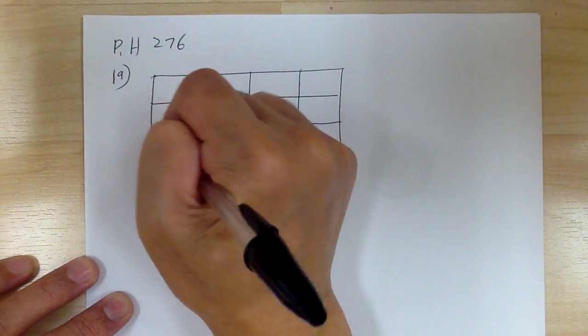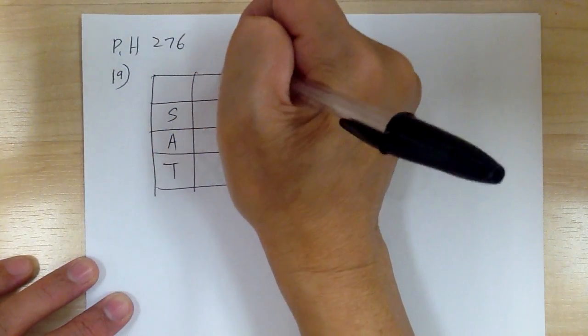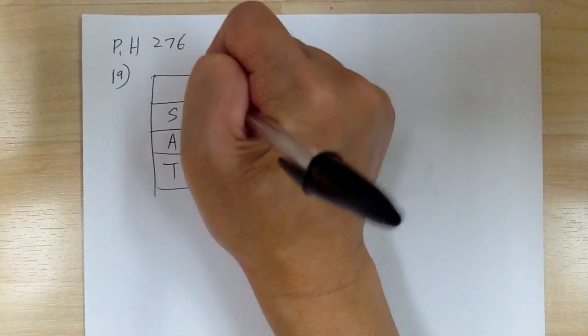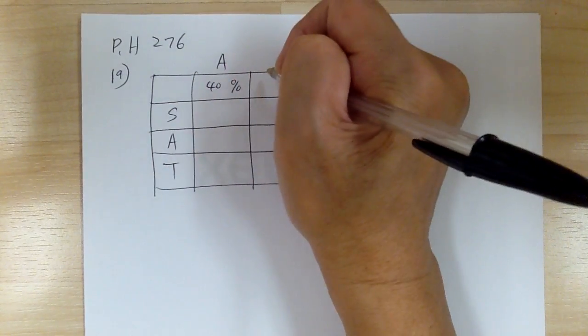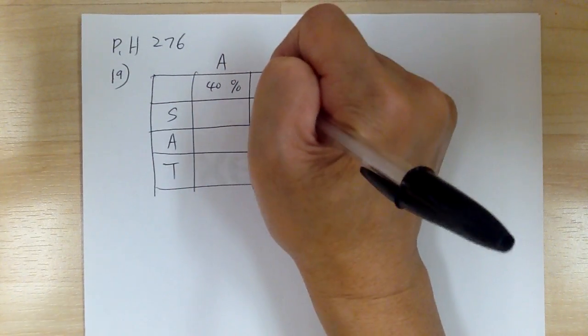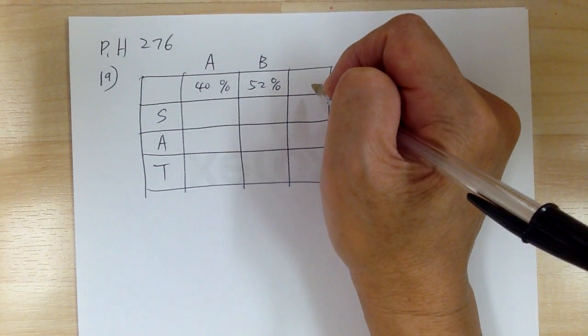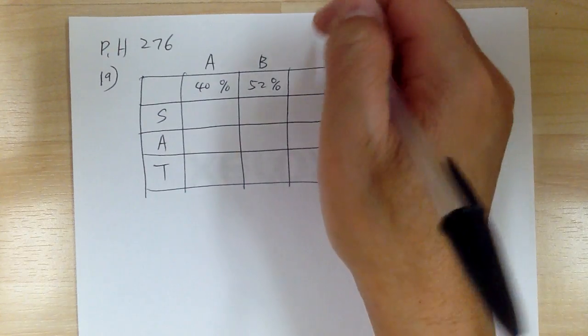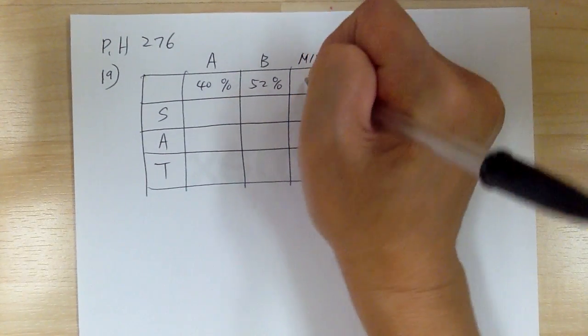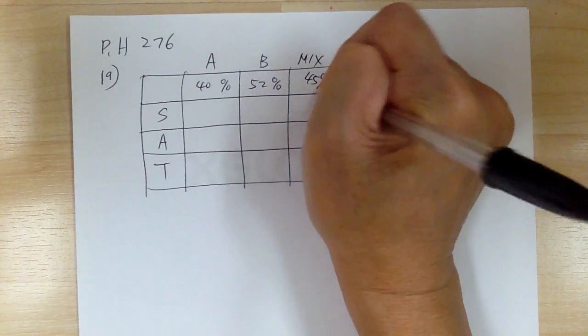So this is the SAT, and there are two types. So type A is 40%, and type B is 52%. Okay. And you want to get the mix. So the mix is the 45%.